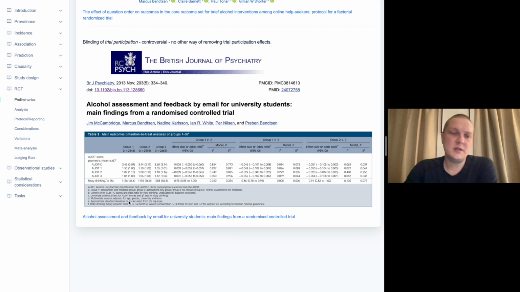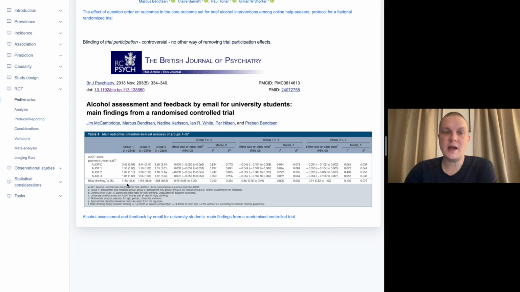What we found here was, well, there's a lot of results and I won't go into them, but an interesting thing is that we found that assessment, just being assessed without any advice at all, seemed to have an effect on alcohol consumption when we compared to the individuals who had not been contacted.